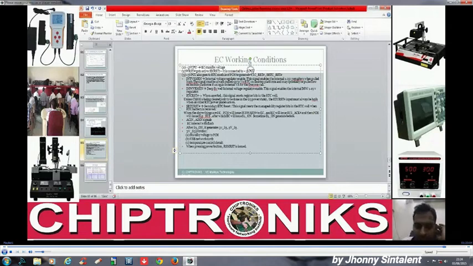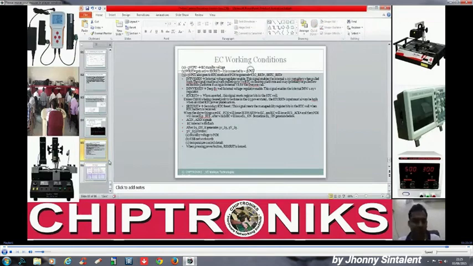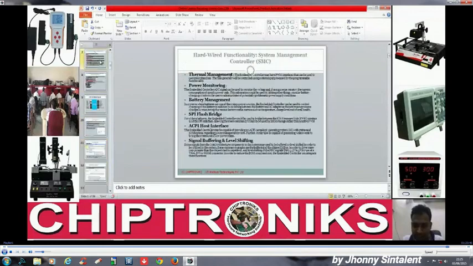If the RTC section of the PCH is okay, then PCH will issue sus warn to EC, and EC will issue sus ACK, and PCH will again issue SLP underscore sus, and then EC will issue S5 underscore on. And here we can see the deep sleep mode. We have already covered deep sleep mode in one of our classes.